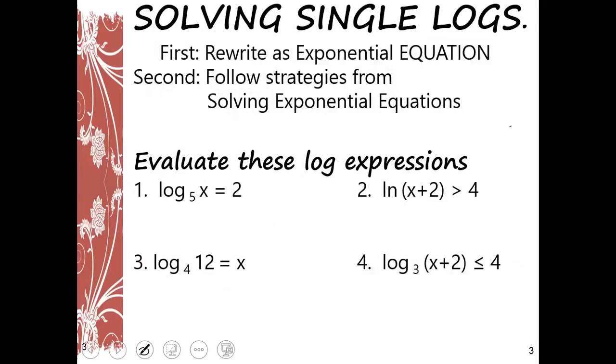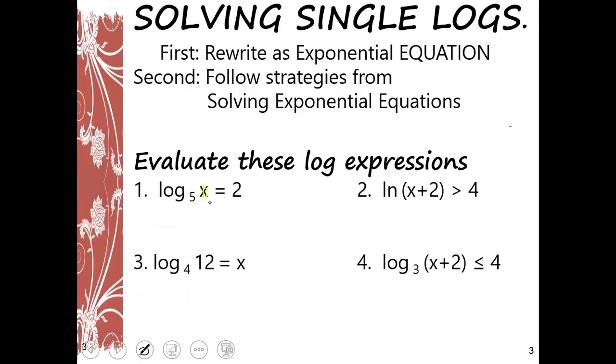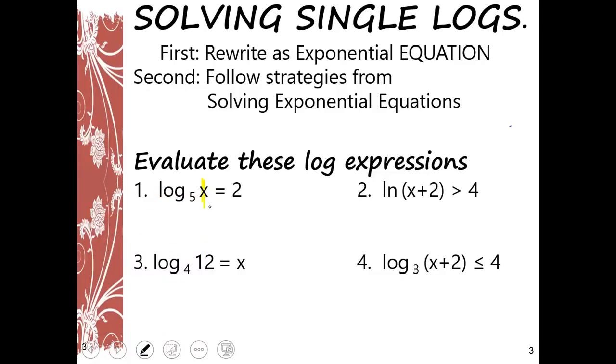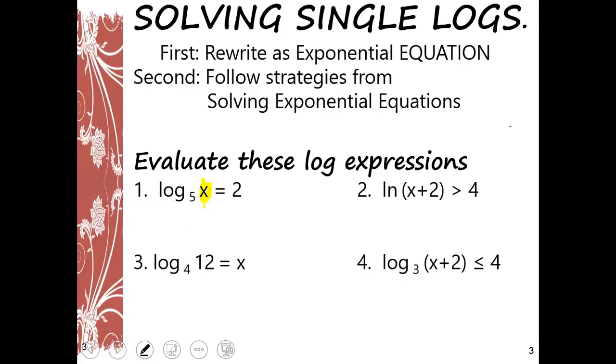Now notice here that I have a single log on one side set equal to a non-log, but look at where my variables are. Here it's in the argument of the log, here it's in the argument, here it's in the argument.